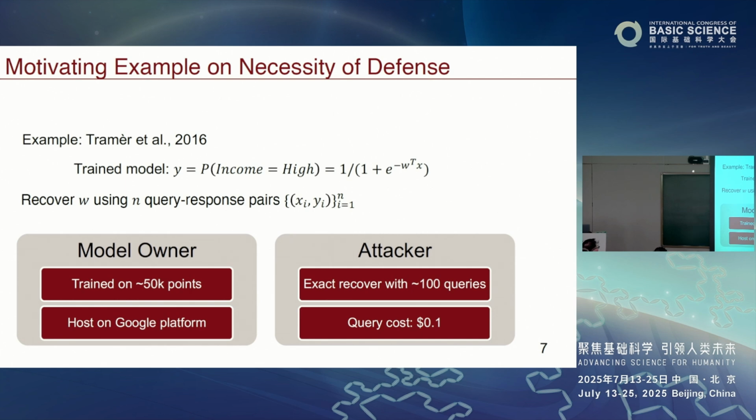And then if the attacker requests different individuals and wants us to give the predicted probability of how likely the person has a certain disease, if we don't do any protection, obviously, with as many queries as the number of parameters, the attacker can exactly figure out what the parameters are, and your model is completely at risk. I mean, not only at risk, but stolen by the attacker. Does that make sense?